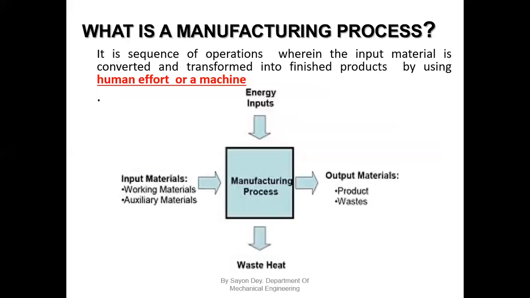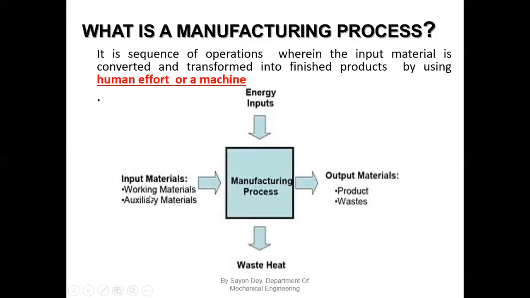Now I'm going to tell you what we mean by the manufacturing process. I want to discuss through a block diagram. Suppose we can see there is a block and here it is written manufacturing process. Mainly for every manufacturing process there are two kinds of inputs.